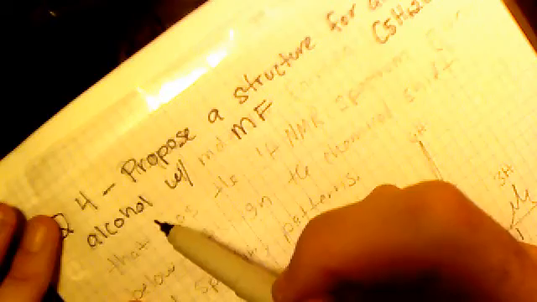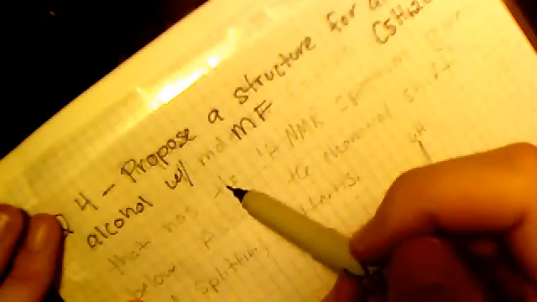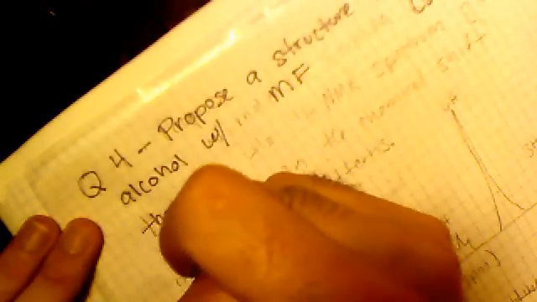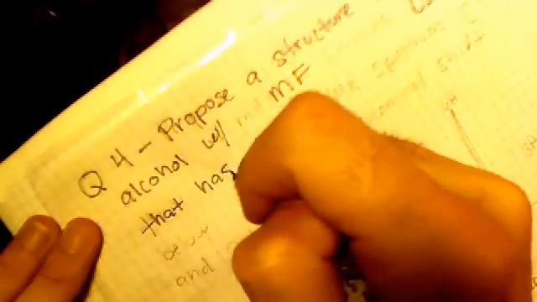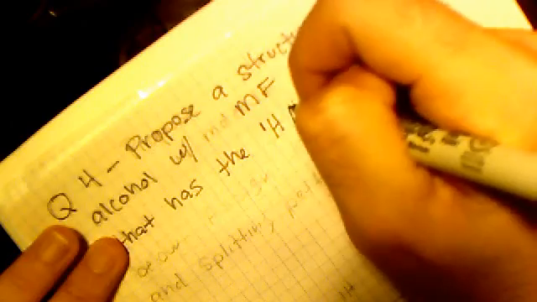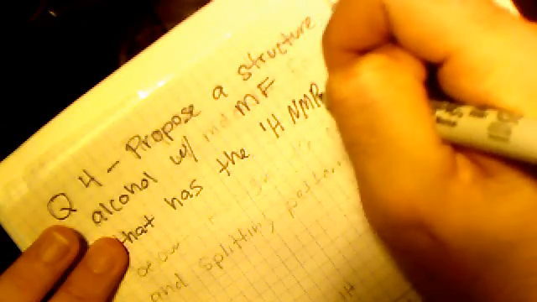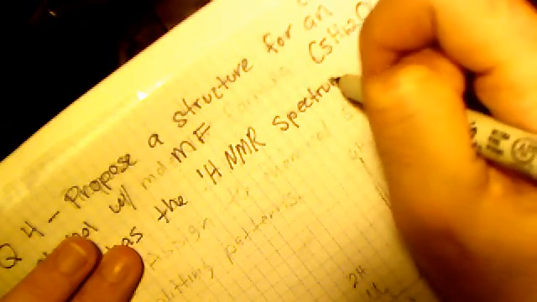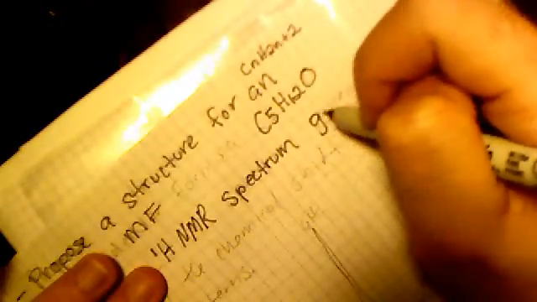Alright, so it says we need to propose a structure for an alcohol with the molecular formula of C5H12O that has the proton NMR data, or they say spectrum, given below.